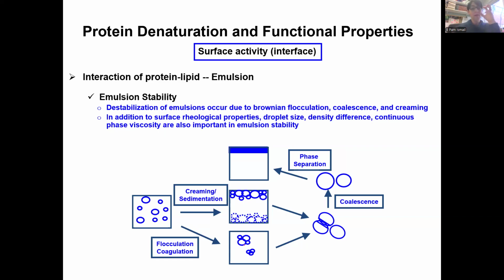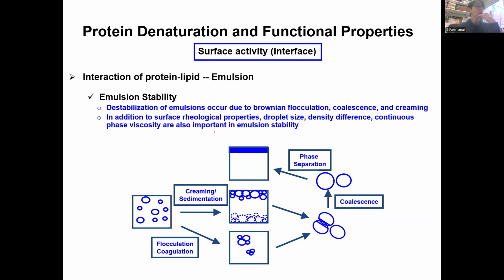The droplets come close to each other, then they open and form larger bubbles, and then gradually more larger bubbles coalescing cause that phase separation. Depending on the components of the system, sometimes we see creaming at the top or sedimentation. It depends on the density and what components are in your emulsions, based on density separation.